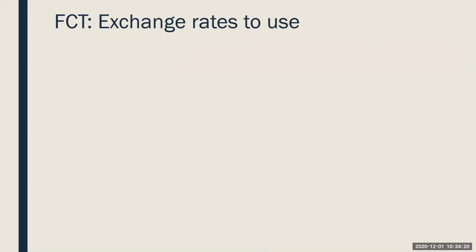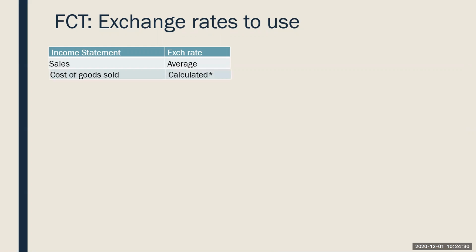So what exchange rates do we use? For the income statement, sales are translated using the average rate. Cost of goods sold is a calculated amount.